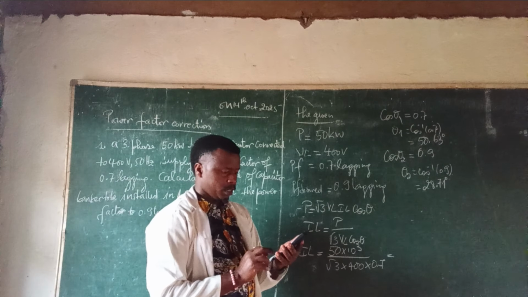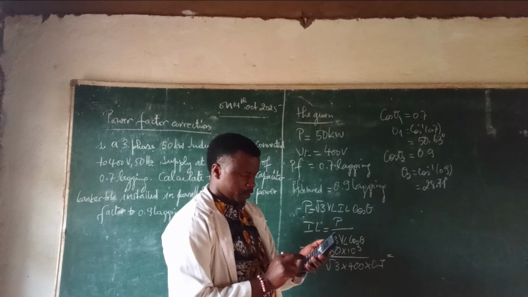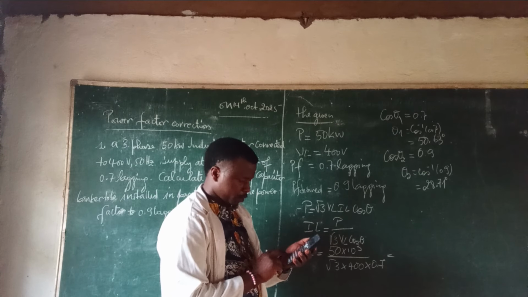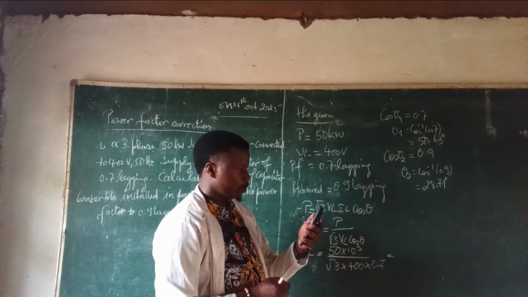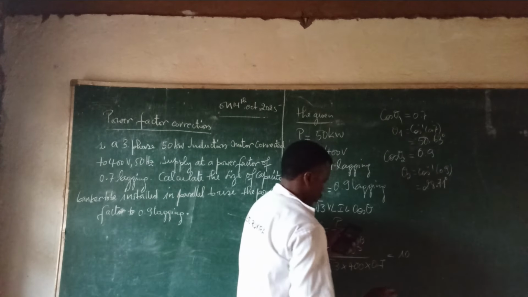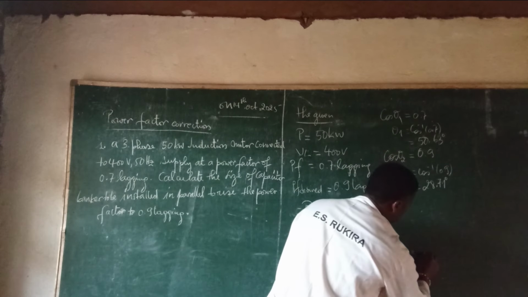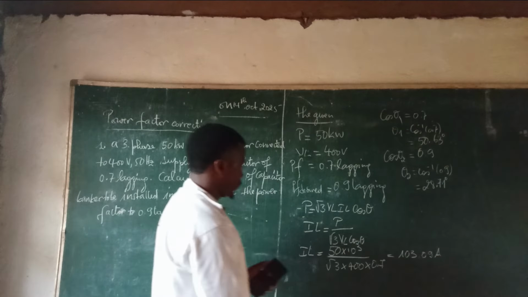which is equal to 50,000 divided by square root of 3 times 400 times 0.7, giving 103.09 amps.